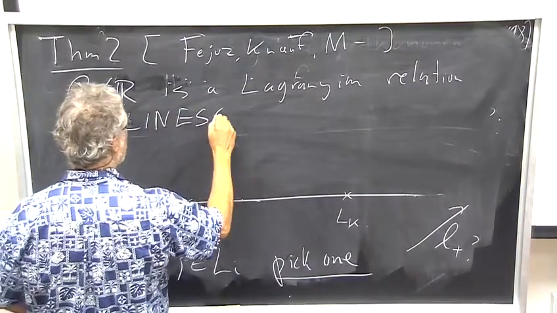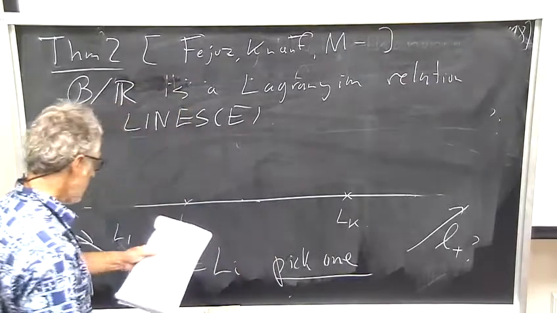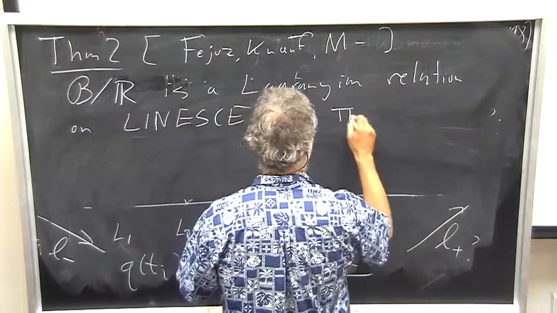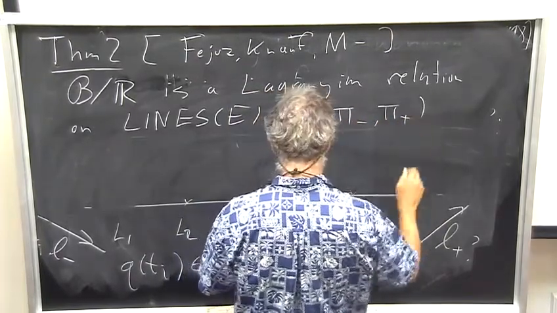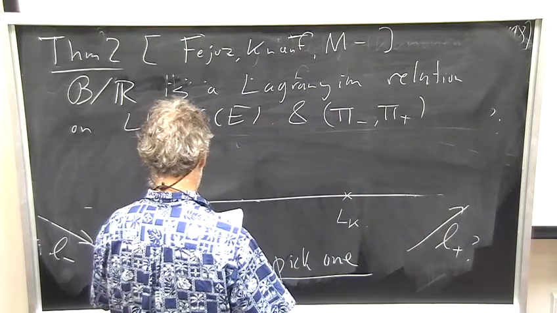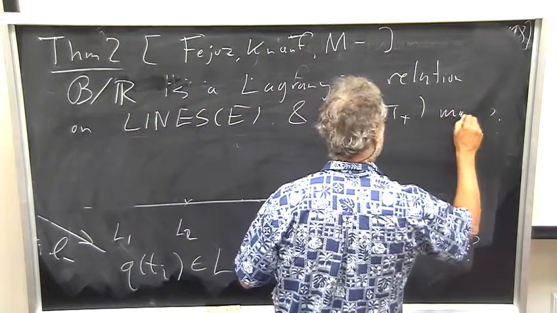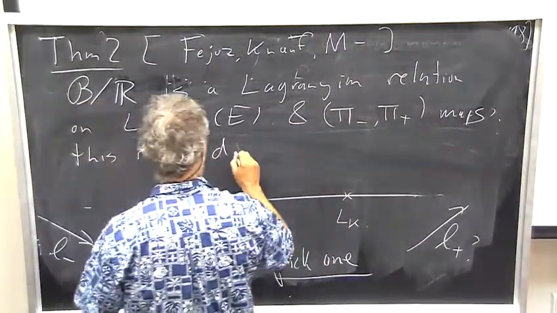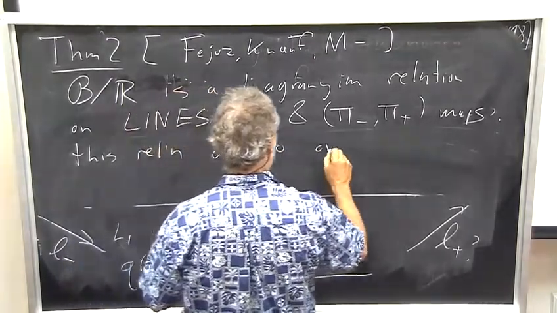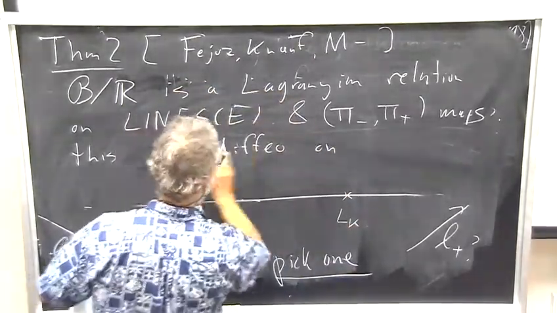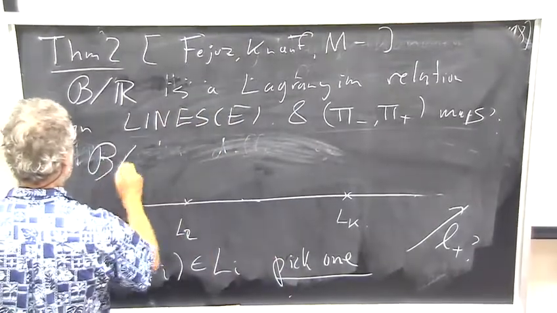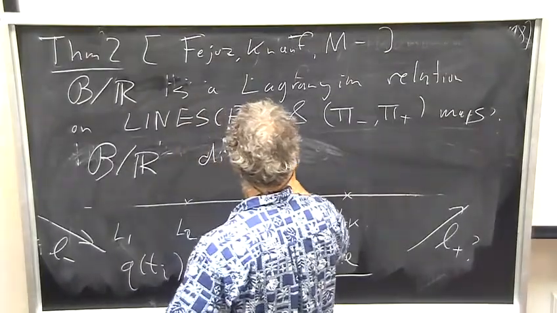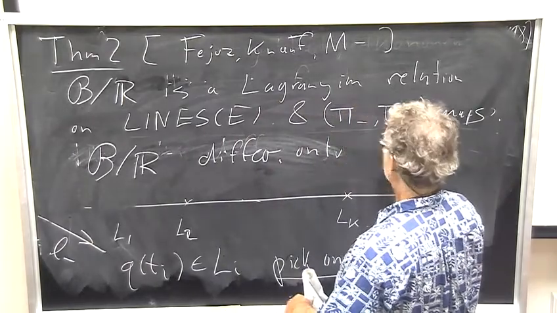Moreover, pi minus pi plus is a diffeomorphism. It maps this relation diffeomorphically onto, maps B mod R diffeomorphically onto the relation.